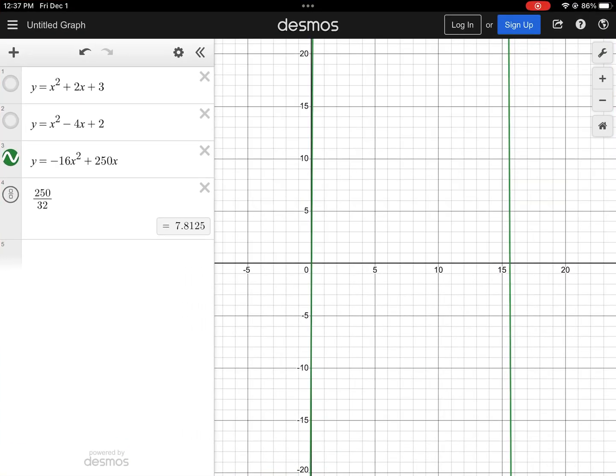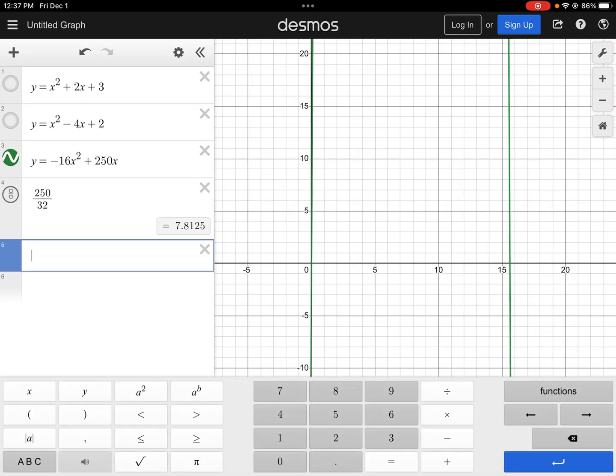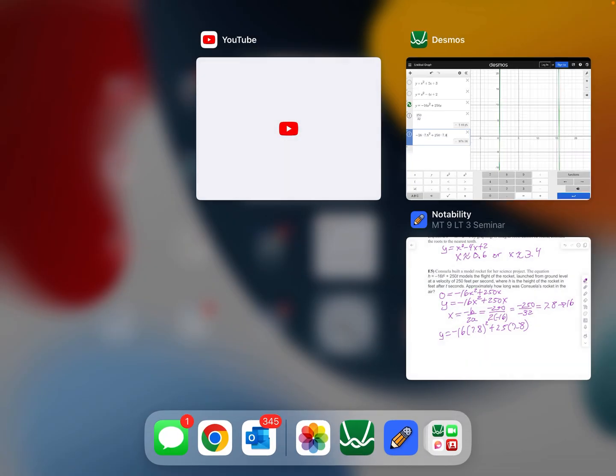I think we could do that in our calculator. So we're going to take negative 16 times 7.8 squared, and then plus 250 times 7.8. So the top of my graph is going to be 976. So I'm going to have my graph go up to 1,000.